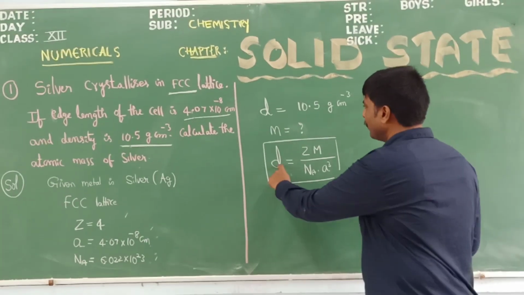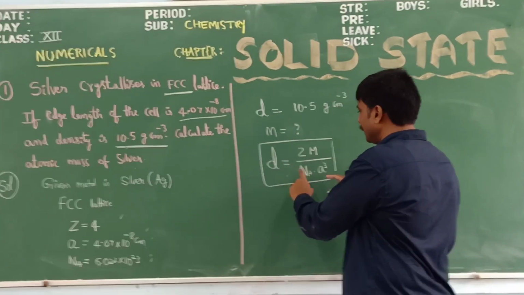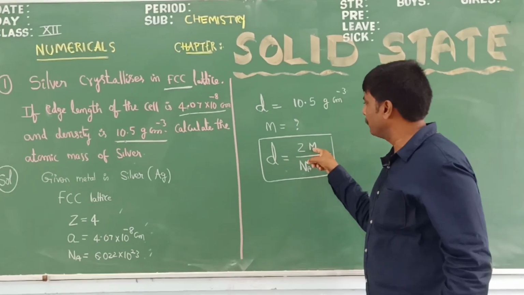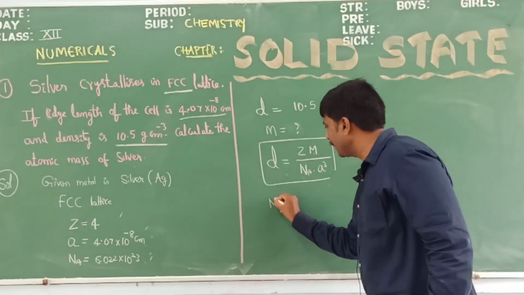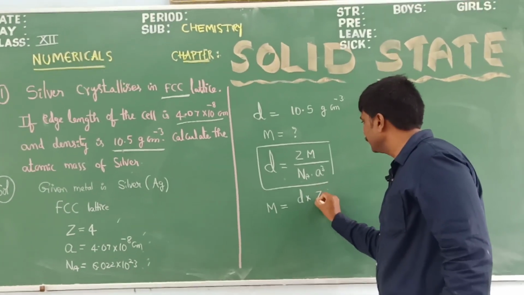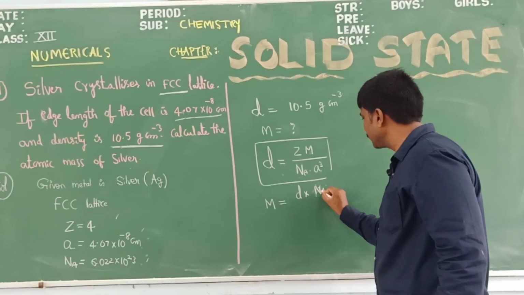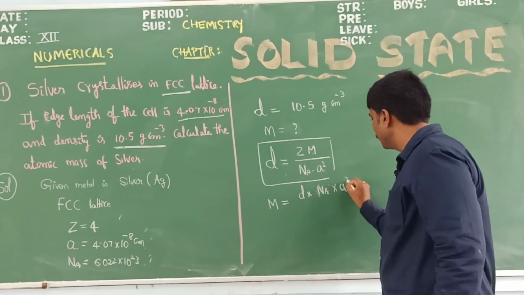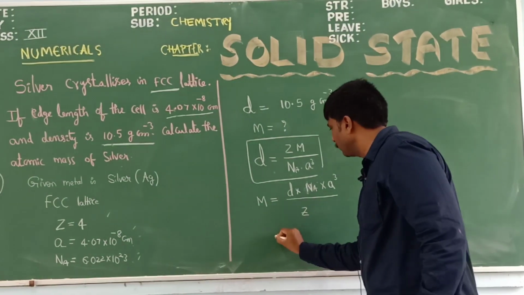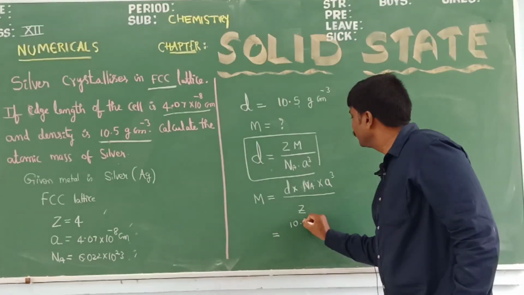So in this, you know the value of Z, and d, Avogadro's number, and a. Which one do you have to calculate? M. So you write M on one side: M is equal to d into Na, Avogadro's constant, into a cube, divided by Z. What is the value of d? 10.5 gram per centimeter cube.